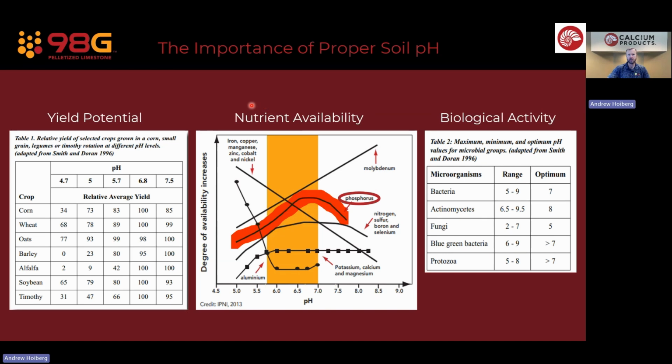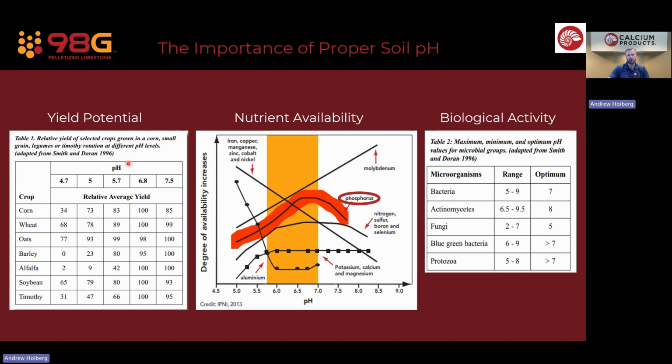When we look at yield potential, starting out on this table on the left, you can see the relative average yield at different pH values goes up. And this goes back to what we talked about on Tuesday with pH of 7 being the historical level that we would try and achieve for maximum nutrient availability.